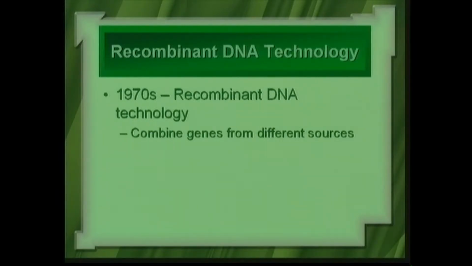You can actually combine genes from different sources, all right? Isn't that amazing? For a lot of people, you think of Frankenfoods, you think of mad scientists, okay? So what you could do is take DNA from one cell and put it into a different cell, using vectors or any number of different kinds of techniques.